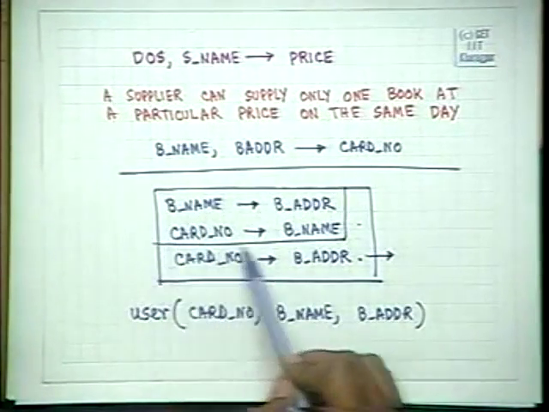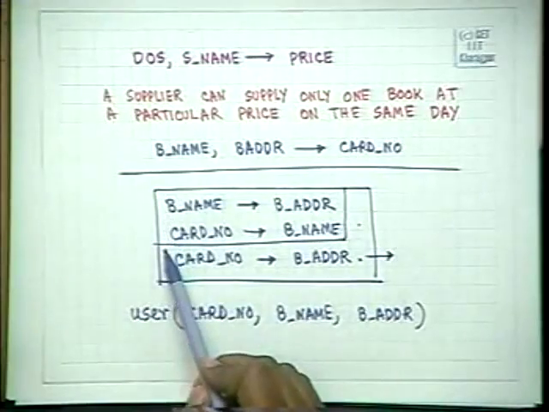A set of functional dependencies will imply many other functional dependencies as well, and therefore there is a whole theory behind what functional dependencies are, what each one of them implies, what they mean, and how we utilize this power of functional dependencies in a database design.